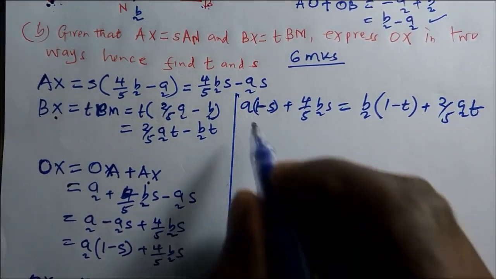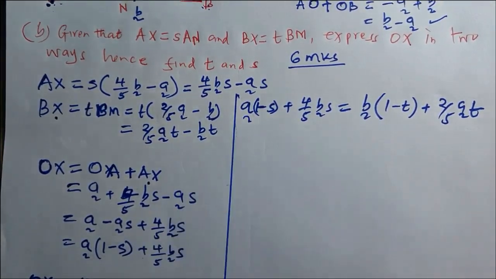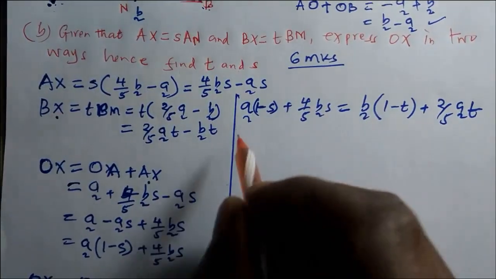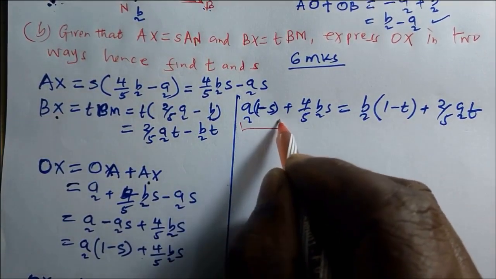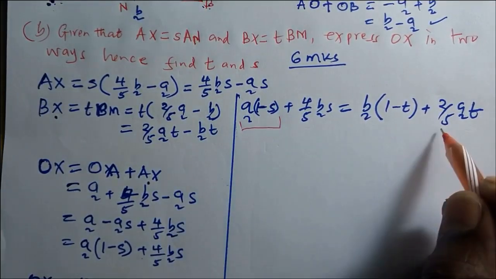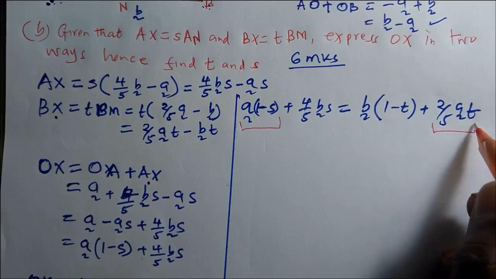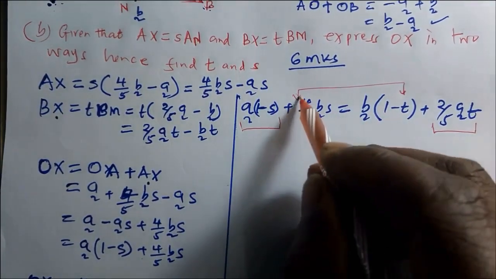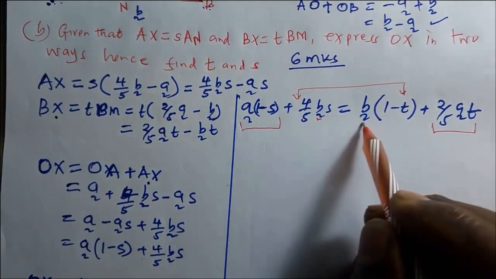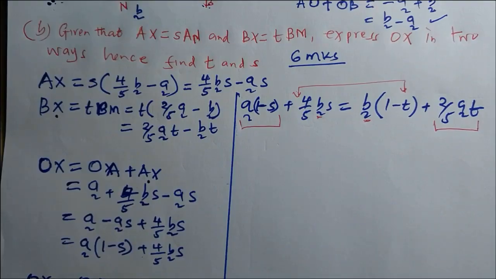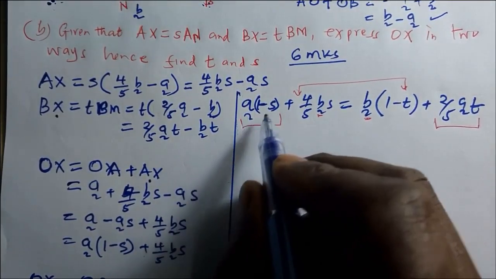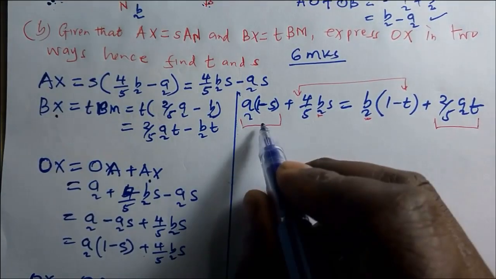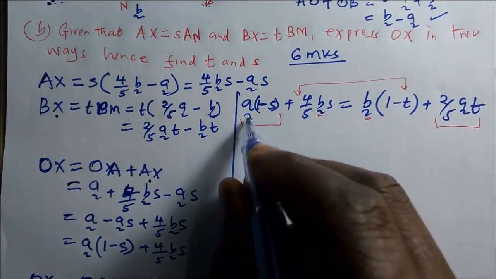Now those that have the same vector are equal. This and this we equate because they have the same vector, B and B. Once you equate them, you ignore the A. This shows that these are like terms.